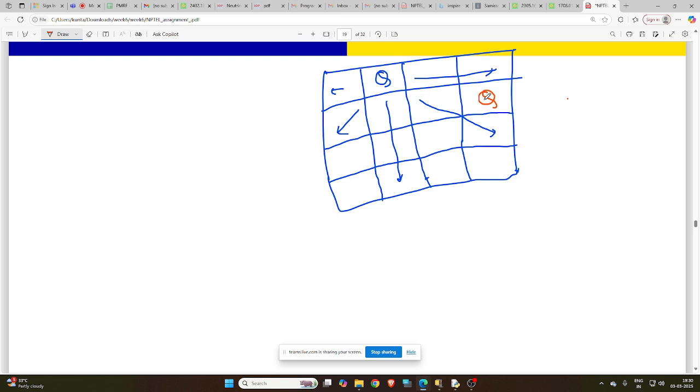If I put the queen here, then you can see the possible directions for this queen: it can go here like that, it can go here as well, but it can't attack in this line.